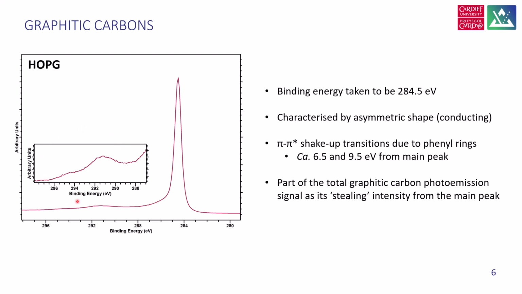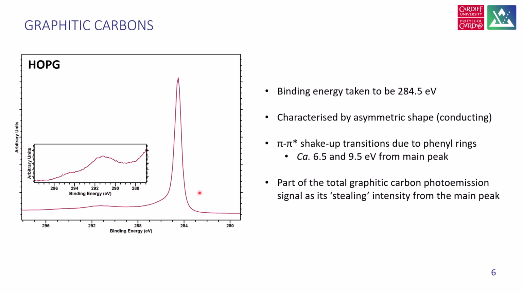Here we can see a blow-up of that structure, and we can see one, two, maybe even a small third peak, which are due to pi to pi star shake-up transitions. These arise because we have phenyl rings, or benzene rings, all in the lattice of the graphitic network, and of course electrons can be promoted from the core level.